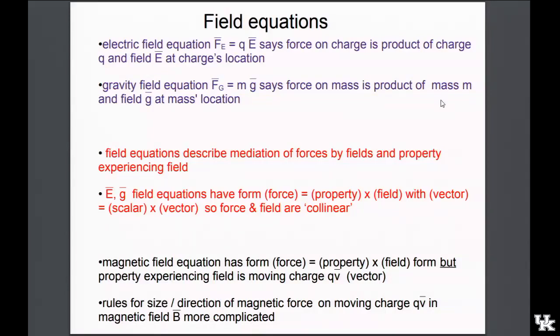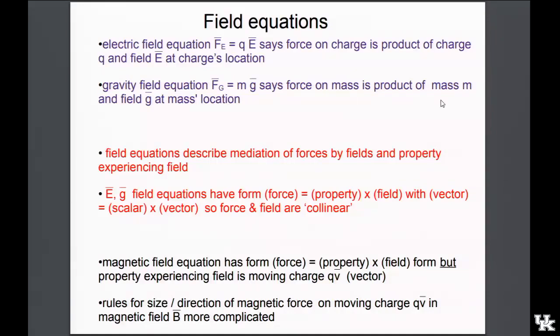Because they both have that form, that the force vector is equal to the field vector times a scalar, which is the mass or the charge, the forces are what we call collinear with the fields. Now, collinear is just a technical word that means either the force is in the same direction as the field, or they're in the opposite direction.